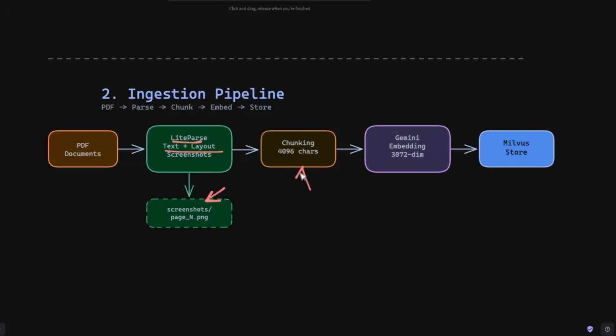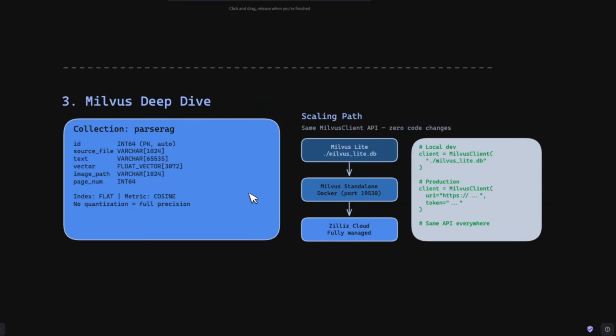Then we run it through a simple chunking process. In this case, we are using the Gemini embedding. It's a high-dimensional embedding, and everything is stored in the Milvus vector store. Now, let's talk about the data structure that we are saving. Here's a simple schema of everything that we are storing inside Milvus. It's great.